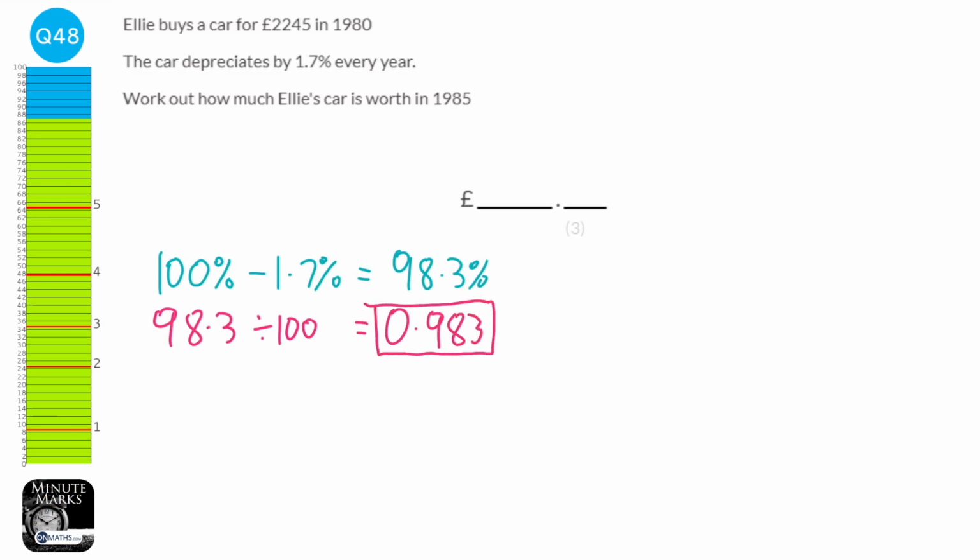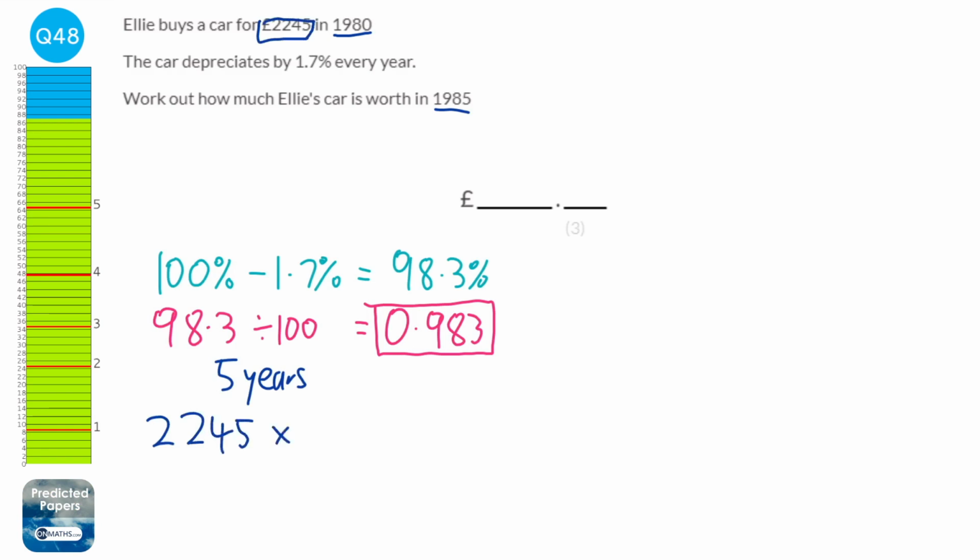And the beautiful thing about a multiplier is we just need the amount of years. It says from 1980 to 1985, so that's going to be 5 years. So what we do is we get the original amount, which was 2,245, and times it by the multiplier 5 times.